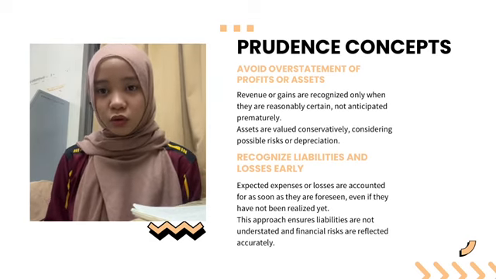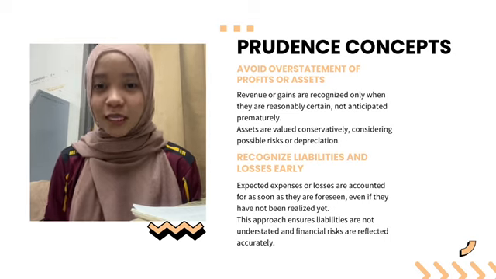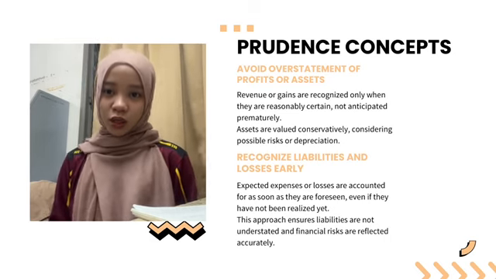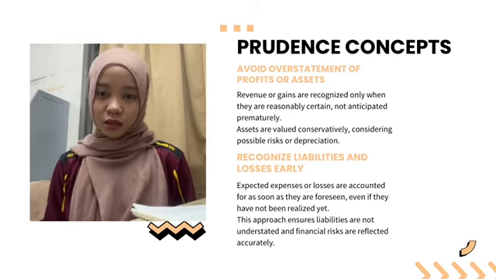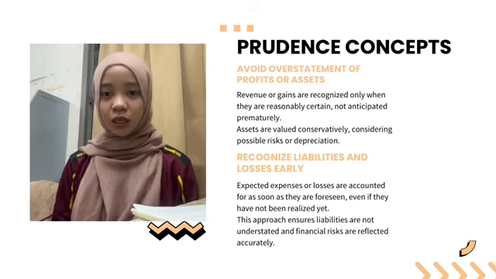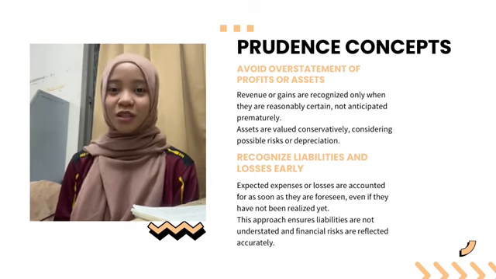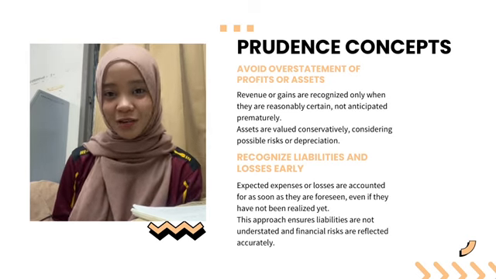One, avoid overstatement of profit or assets. Revenue or gains are recognized only when they are reasonably certain, not anticipated prematurely. Assets are valued conservatively, considering possible risk or depreciation.